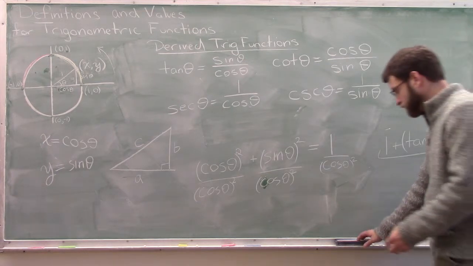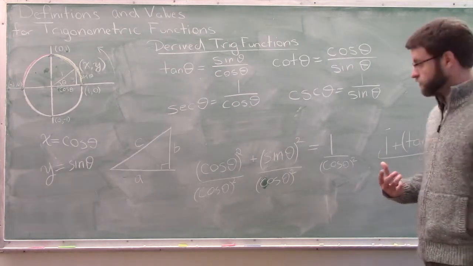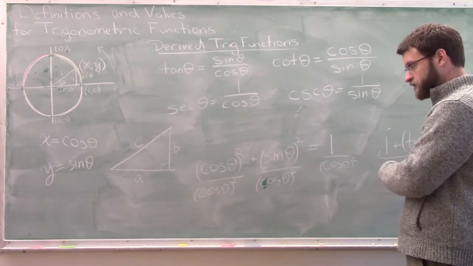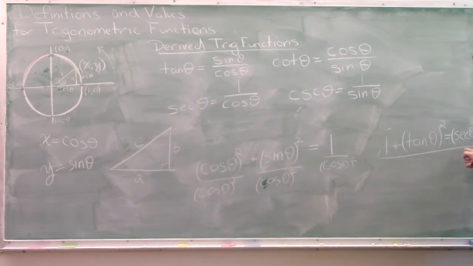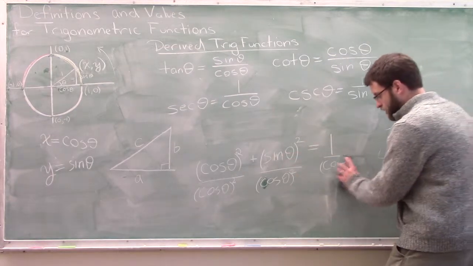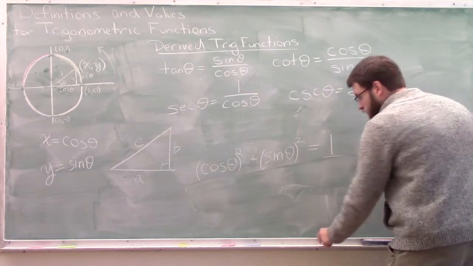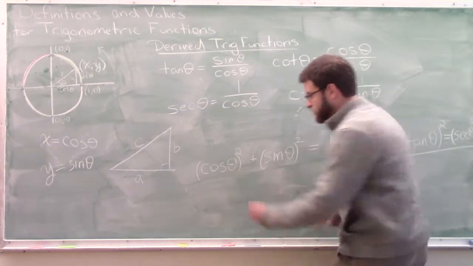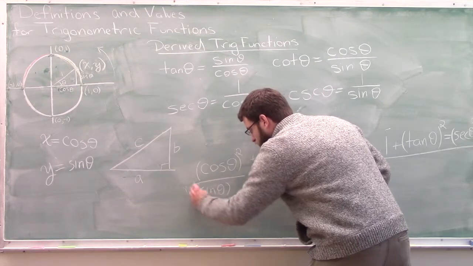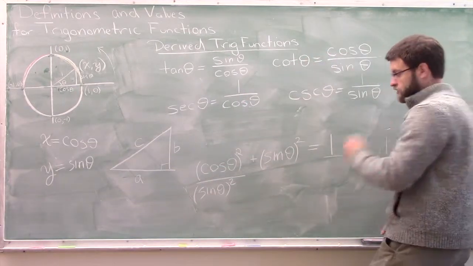All right. The last Pythagorean identity that you might want to be familiar with is obtained in the same way that we just obtained 1 plus tangent squared is secant squared. We're just going to divide by sine squared everywhere. If I divide this first term by sine squared, nothing cancels out, but we can write that ratio in terms of cotangent.